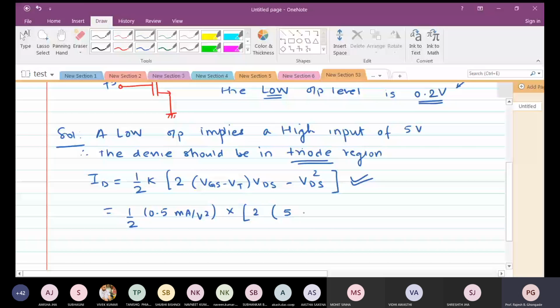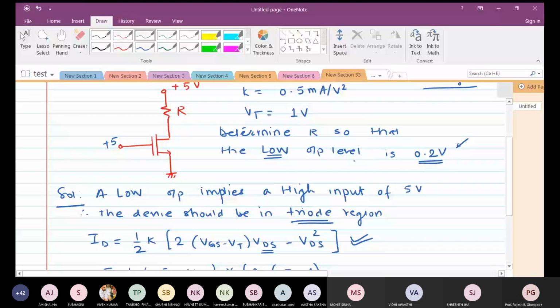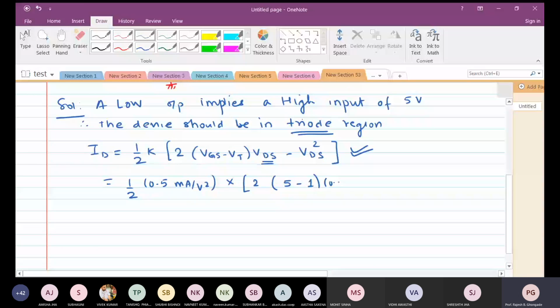What is the expected value of VDS? Here it is given low output level is 0.2. It means that 0.2 is going to be VDS. So 0.2 minus 0.2 square. Yeah, solve this.